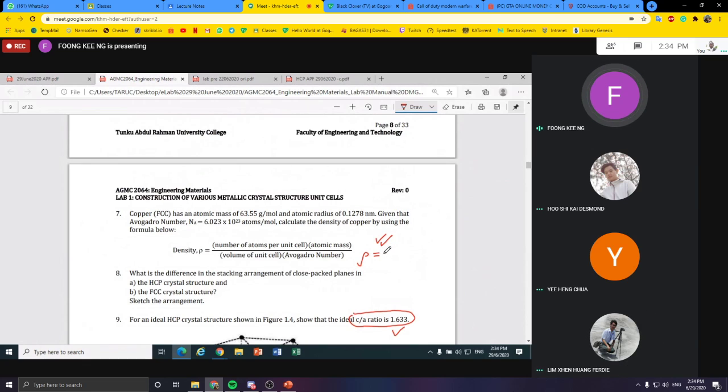So this is n, number of atoms per unit cell, atomic mass or atomic weight, over volume of unit cell, VC, multiplied by Avogadro number. This is in your lecture here.